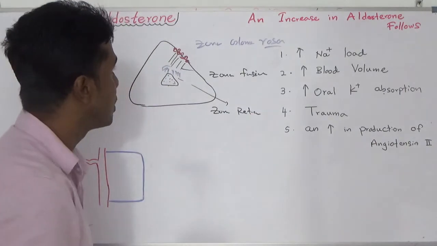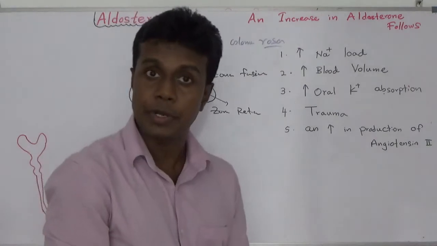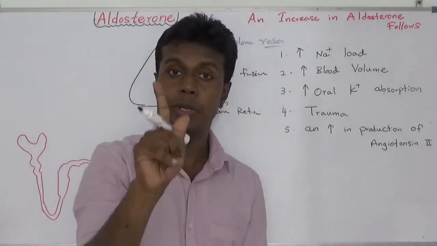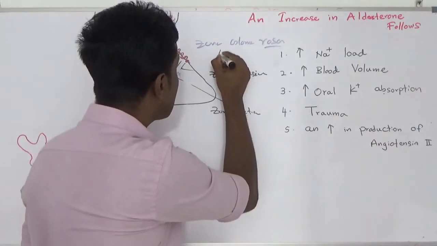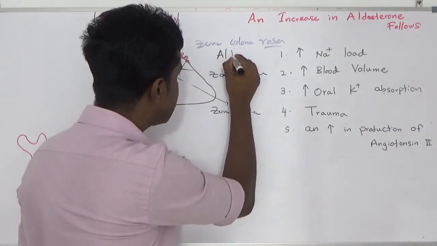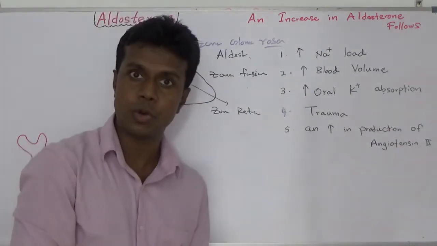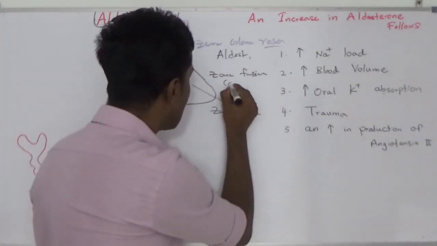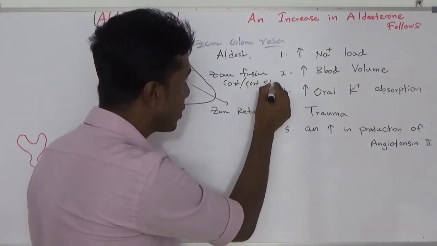From your zona glomerulosa, you are going to secrete mineralocorticoid. The main mineralocorticoid is aldosterone. Zona glomerulosa secretes aldosterone. Zona fasciculata secretes steroid hormones, that is cortisone and corticosterone.